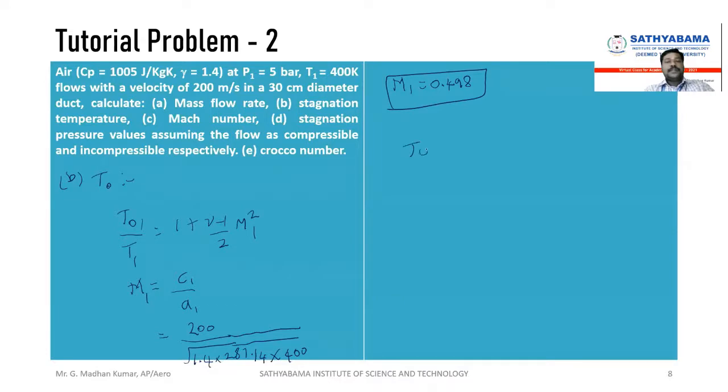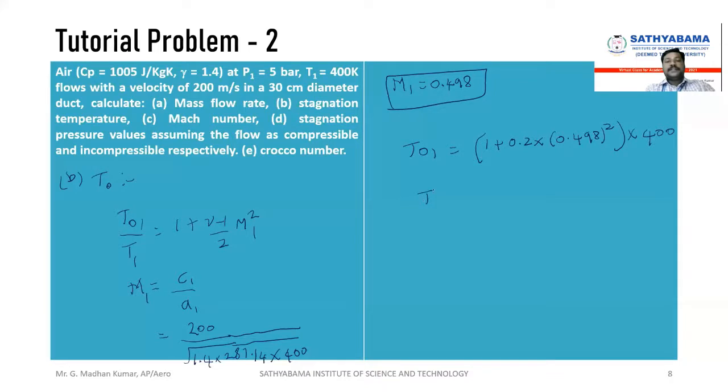Now you can use the value of T1. That is T0 is equal to 1 plus (gamma minus 1) divided by 2, which is 0.2, into M1 squared. So 0.498 whole square, multiplied by T1. T1 is 400, right?